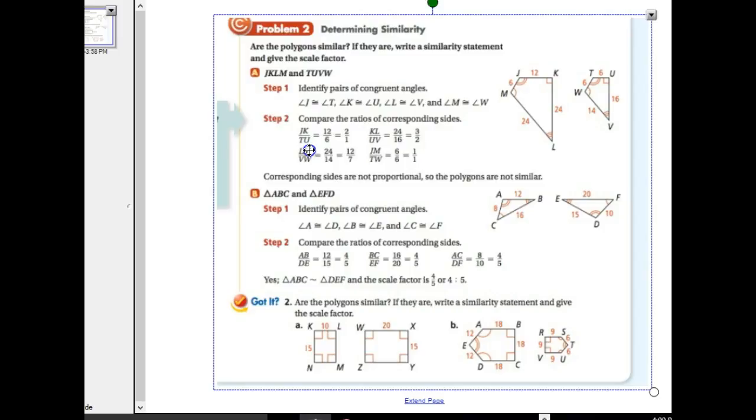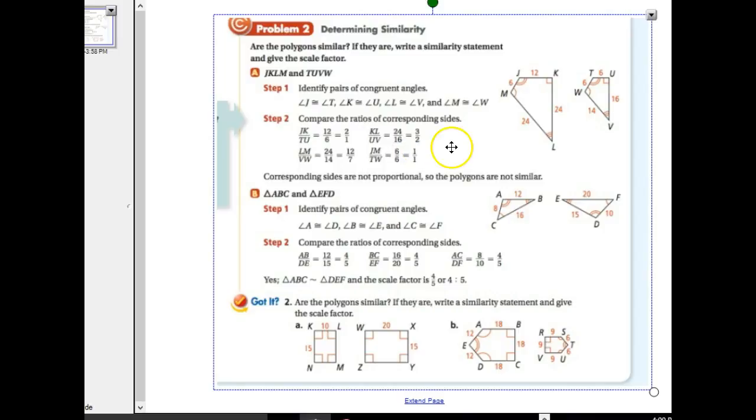LM to VW, the third side, would be a ratio of 24 to 14, which reduces down to 12/7. And then finally, JM would correspond with TW, and that's 6/6, which ends up just being 1.